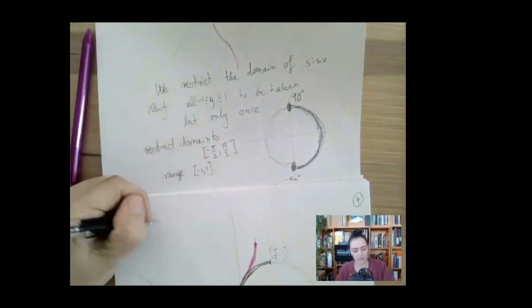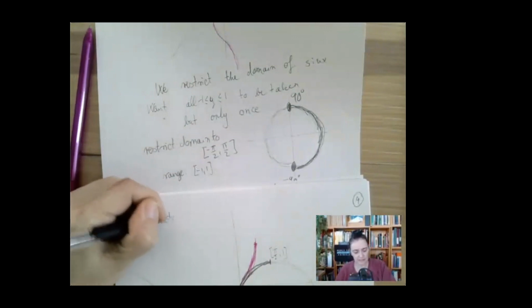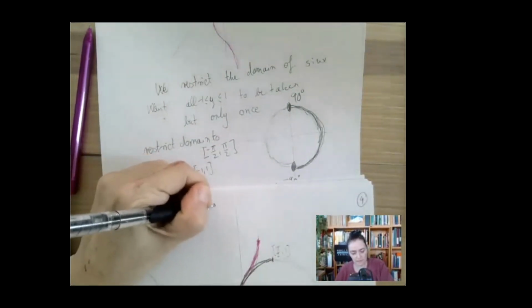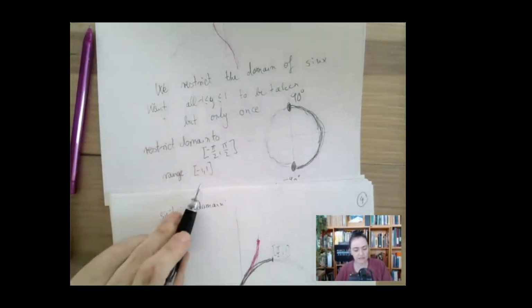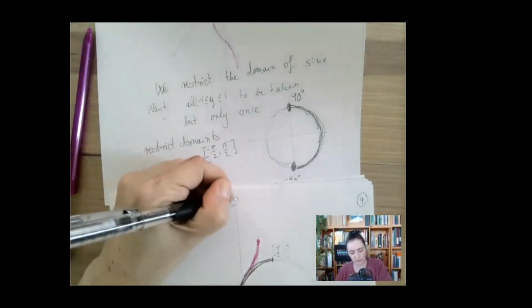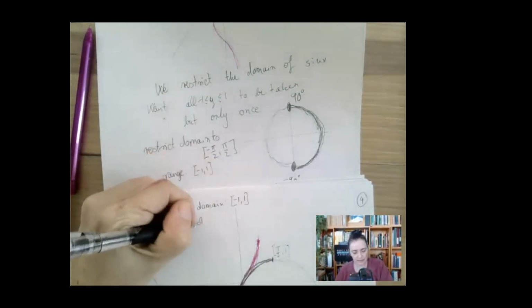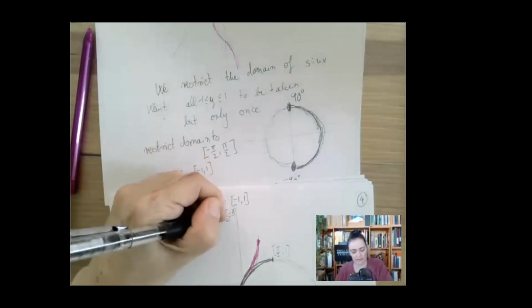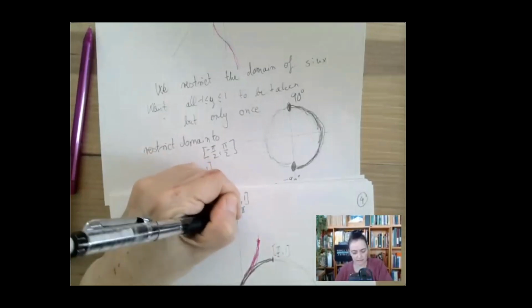So for inverse sine x, here is the graph. The domain is the range of the restricted one, -1, 1, and the range is -90, 90.